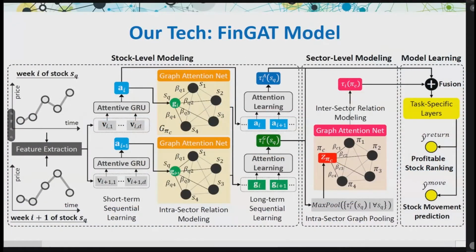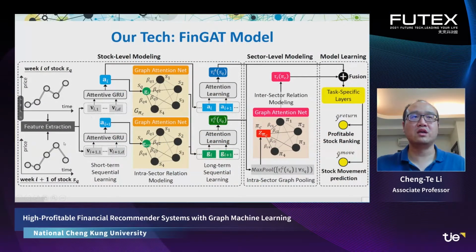This network consists of three components. The first component is stock level modeling. In the stock level modeling, we use the sequential deep learning model GRU to model the historical time series of the given past few weeks.